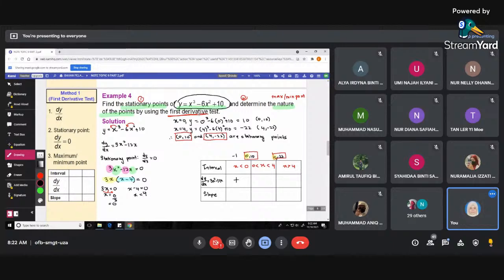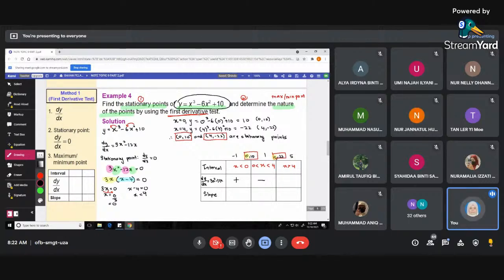Okay. And then, what's the value? Pick one number, X between 0 and 4. 1. Okay. And then substitute 1 in dy dx. I just want to know, is it positive or negative? Negative. Okay. So, pick one X for X greater than 4. 5.